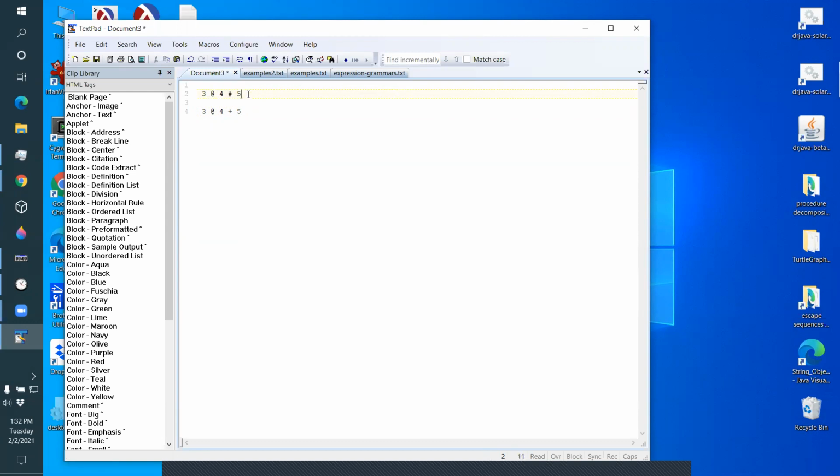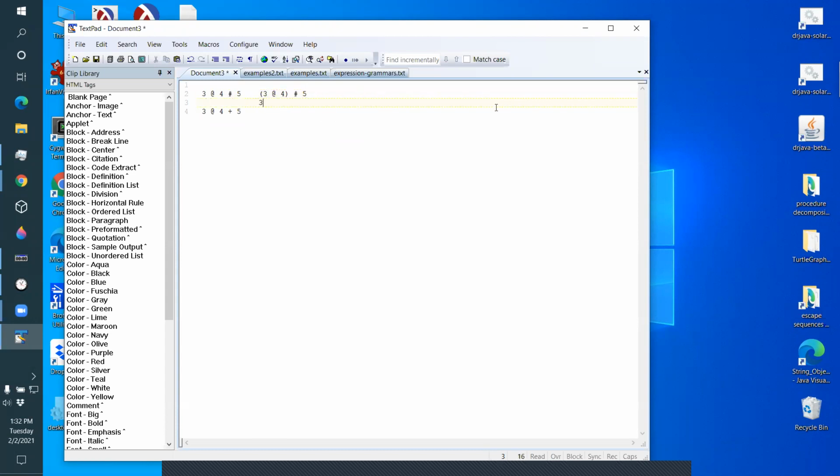You can always group, so I can always write 3 @ 4 in parentheses. Now I'm saying do the @ first. That might be what the language would do anyway, but here I'm saying I want the @ to be done first because I grouped it. And then I want this to be done later.